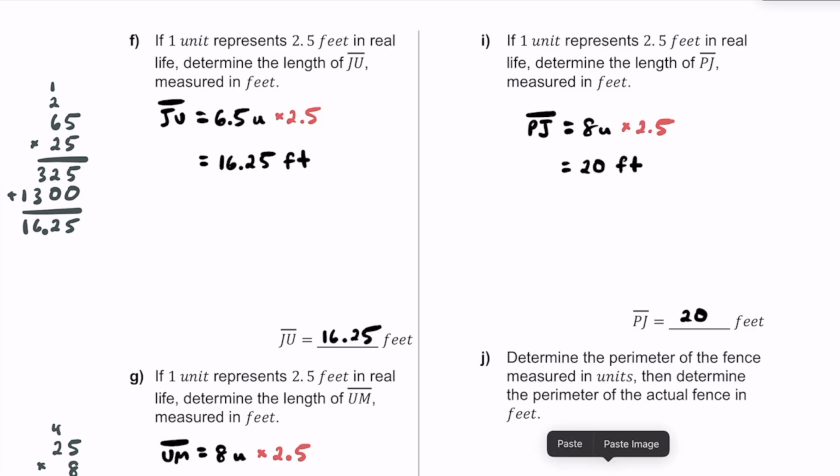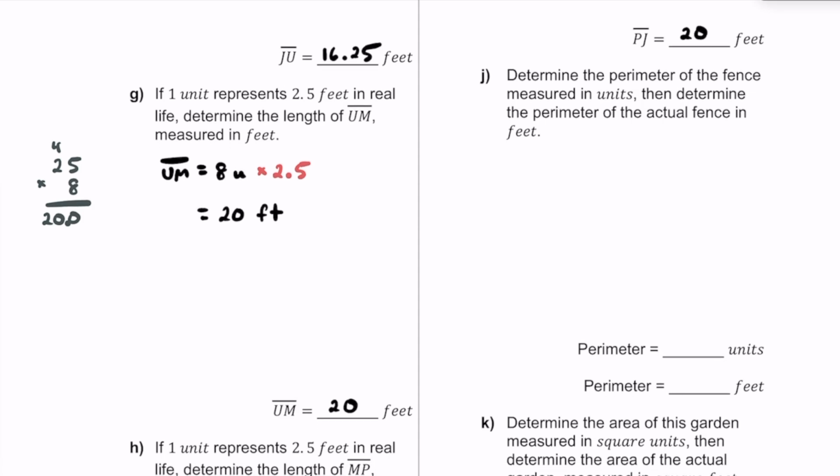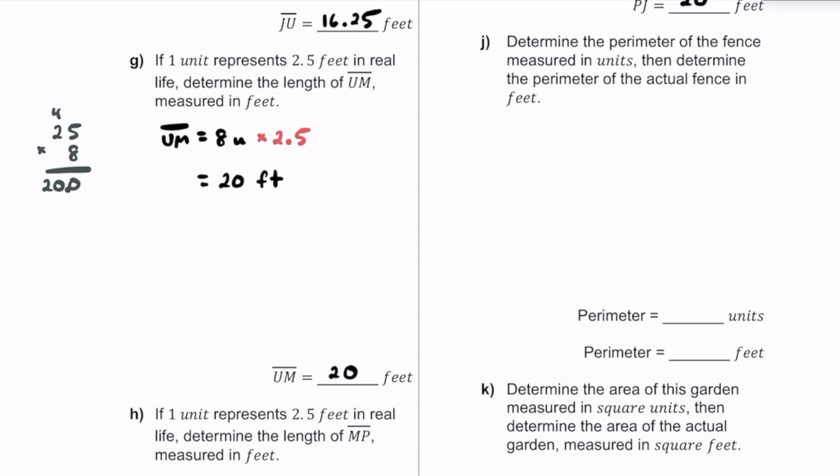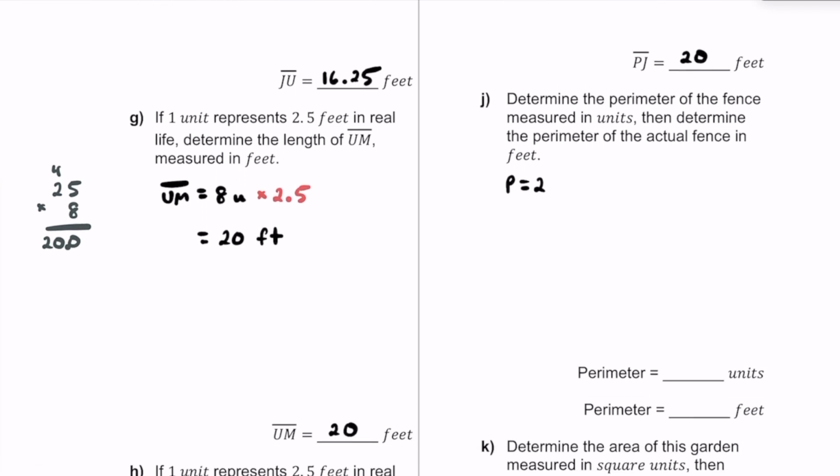All right, now that we have everything in feet, let's go ahead and figure out some perimeter and some area. It says we're going to do this in units and in feet here. So let's go ahead and try it in units first. So the perimeter is going to be 2 times JU, which we know is going to be 6.5 units.